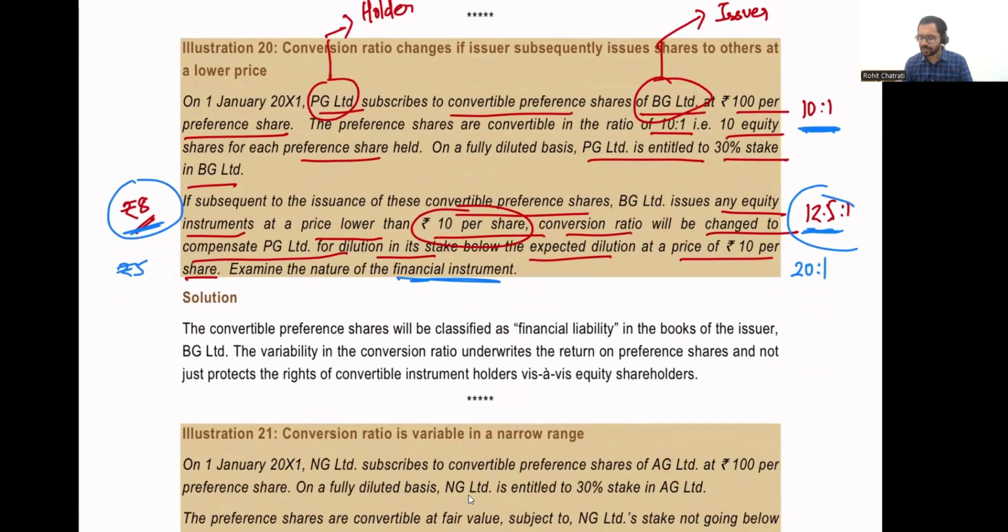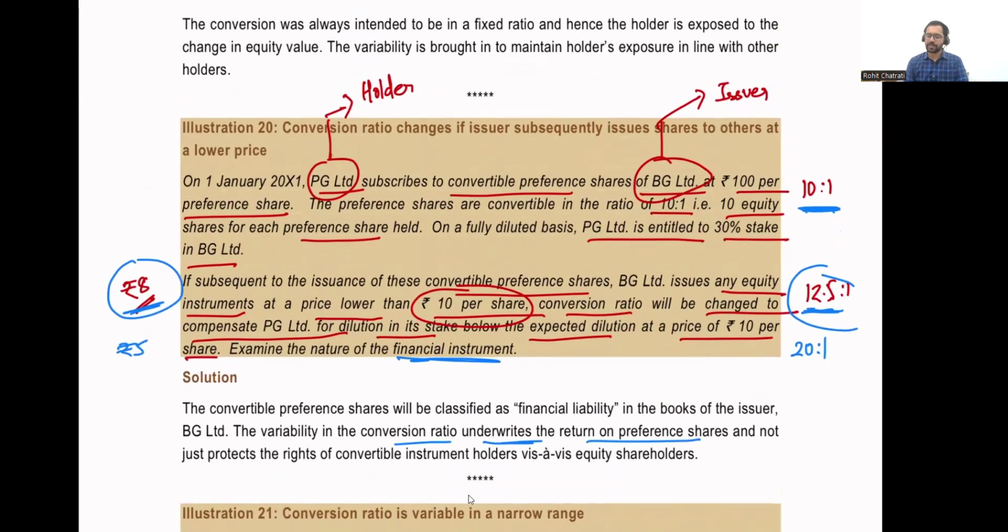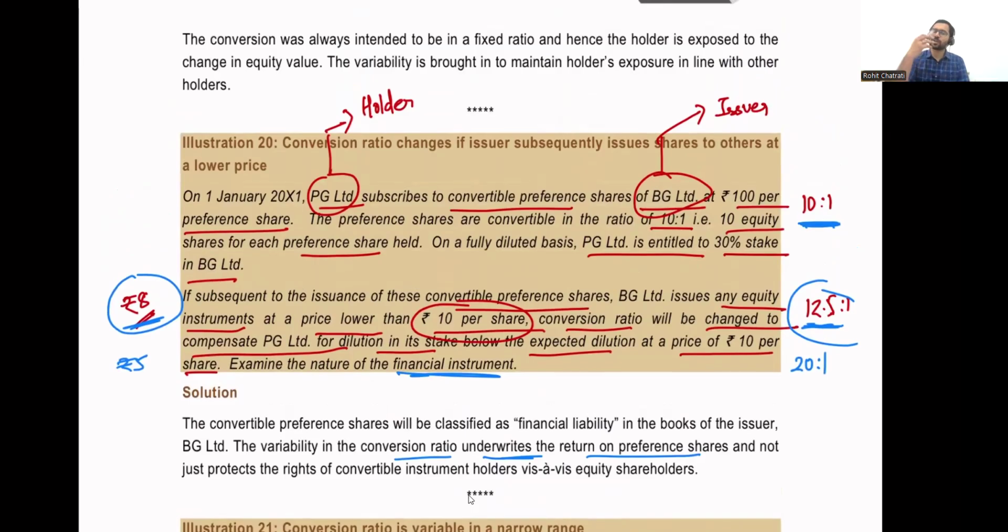All right, let's actually read the solution. The variability in the conversion ratio is basically underwriting the return on preference shares. It's basically ensuring that PG Limited gets a minimum return on the preference shares. It's basically restricting the loss that PG Limited is taking. If the conversion ratio would not have changed, ideally PG Limited would have taken the loss. But because the conversion ratio is changing, we are safeguarding PG Limited from any losses.